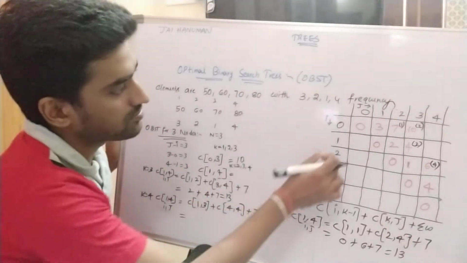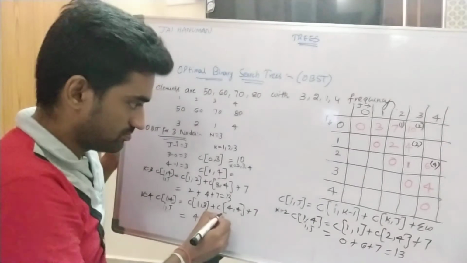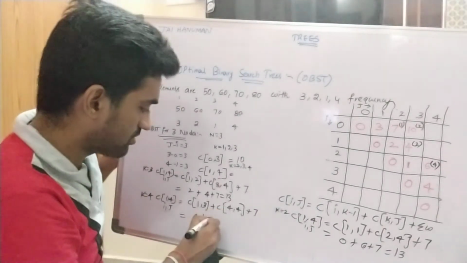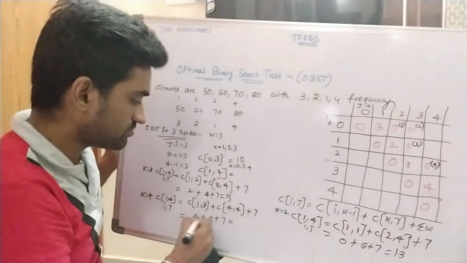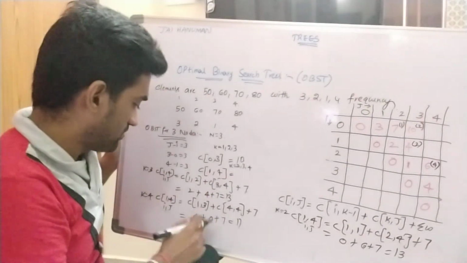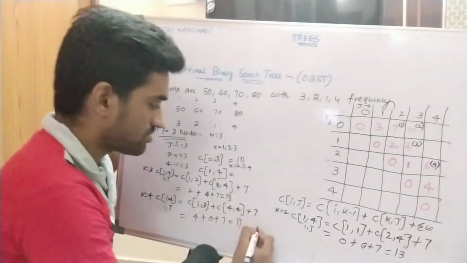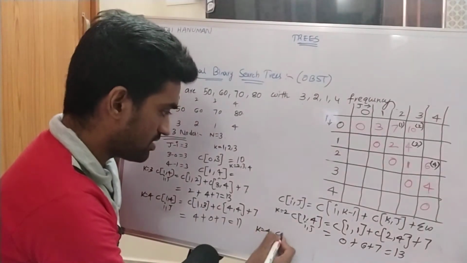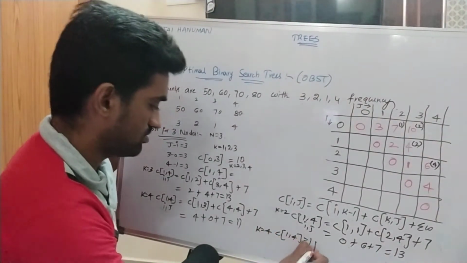So 1 comma 3 is 4, plus 4 comma 4 is 0, plus 7, so 11. So 11 is the minimum cost. When k is equal to 4, C of 1 comma 4 is equal to 11. So that is the minimum cost.